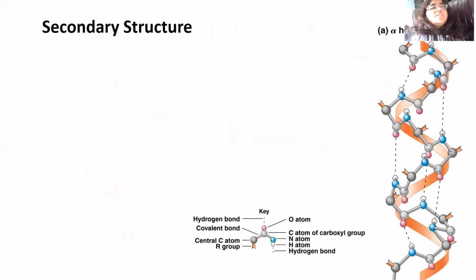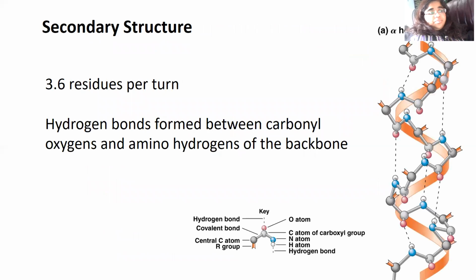Okay. So now the secondary structure. This is where the different side chains come into play. Wait, no, my apologies. Not the side chains. The carbonyl oxygens, the C double bond O's, and the hydrogens in the amino groups actually form hydrogen bonds between each other.